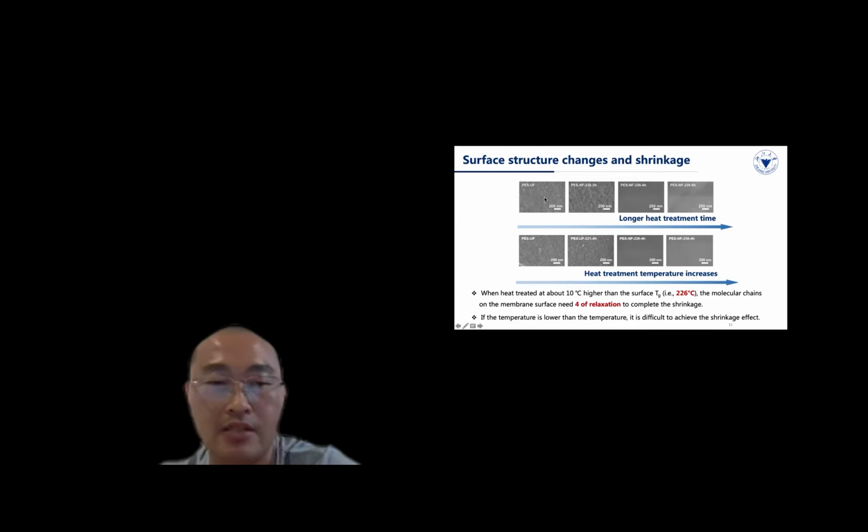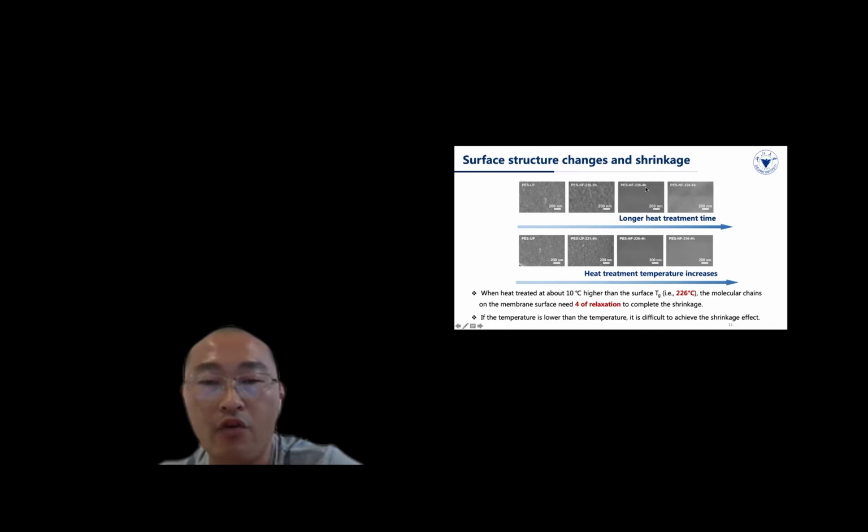We can see lots of pores on the surface. At the temperature of 226, the membrane also has a lot of tiny pores, but compared to the UF membrane, the size decreased sharply.